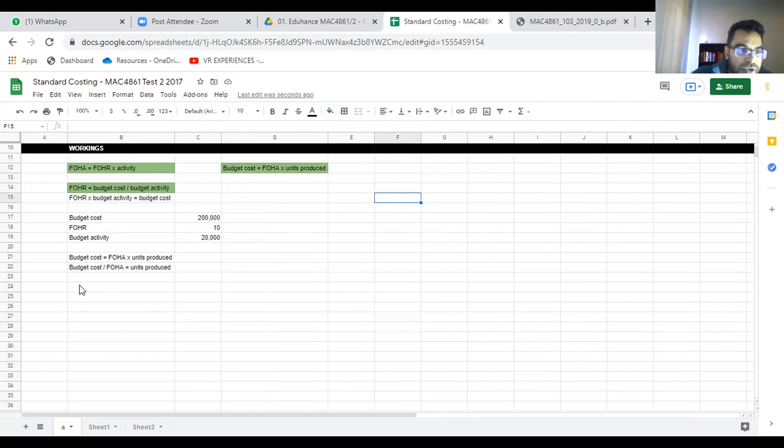So if I want units produced, I need budget costs and I need fixed overheads applied. Okay, so that's very important.